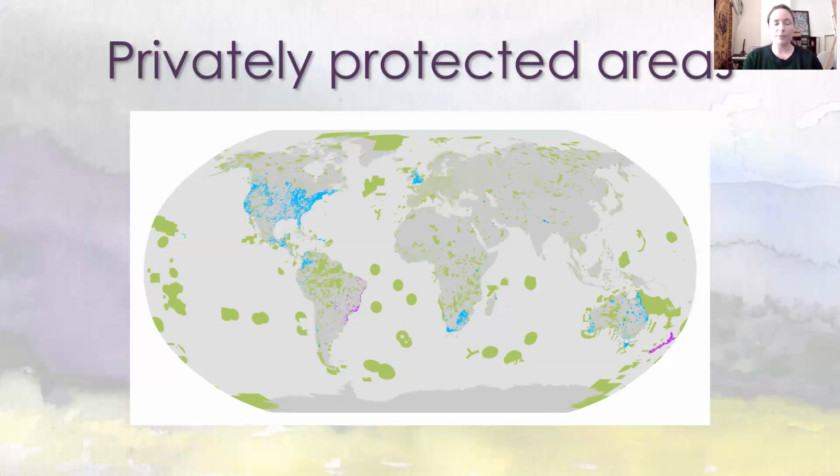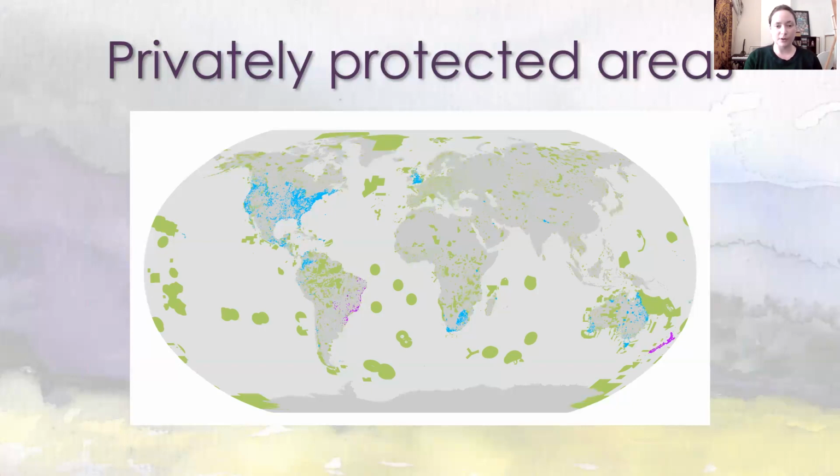Another reason that privately protected areas might not show up on the map is that they are missing information that allows us to identify them as privately governed. So I've highlighted a couple of examples on this map in purple. These are Brazil's RPPNs and New Zealand's Queen Elizabeth II National Trust Network.